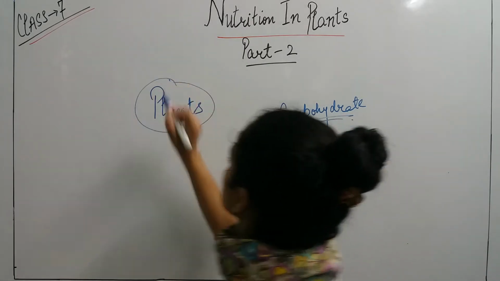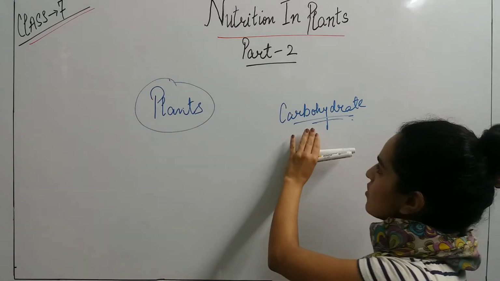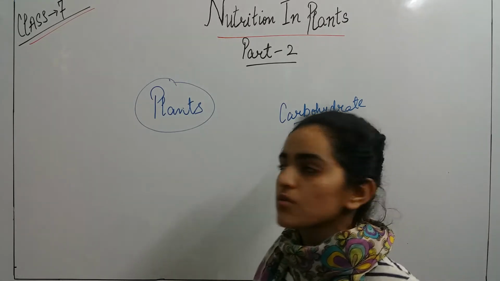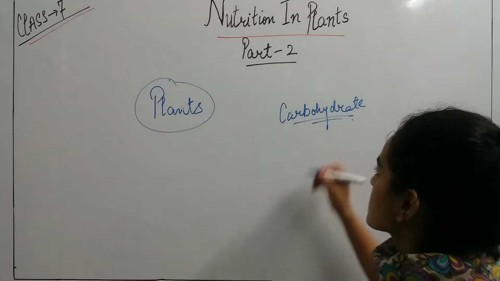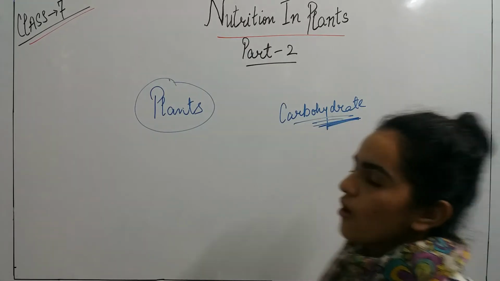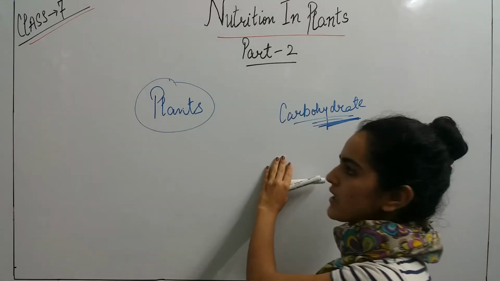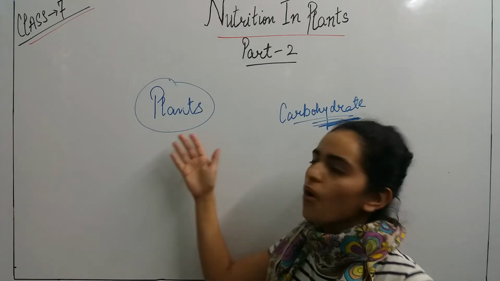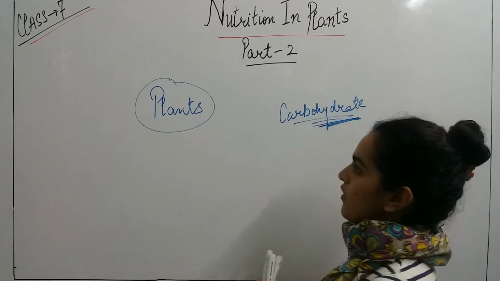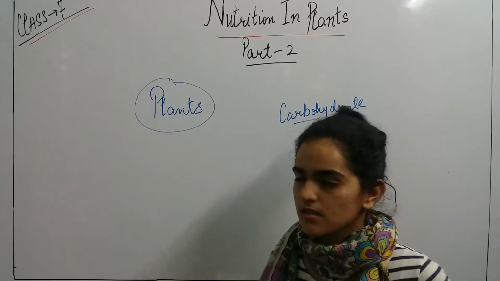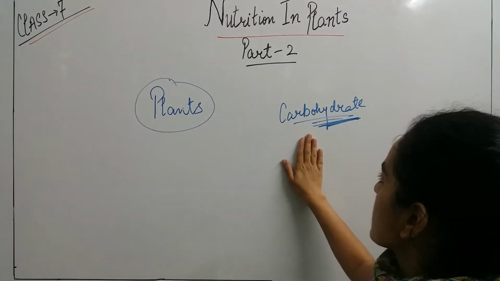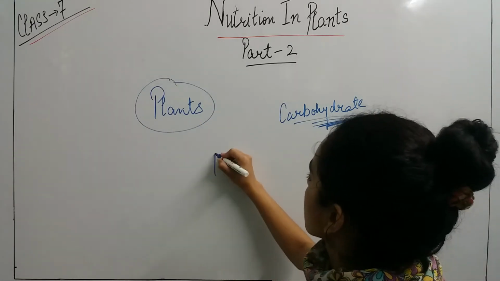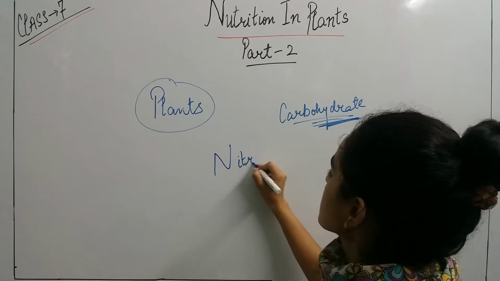But we must know that this is not enough for its nutrition. प्लांट के न्यूट्रिशन के लिए उसको सभी न्यूट्रिएंट्स मिल जाएं, उसके लिए सिर्फ कार्बोहाइड्रेट इज नॉट सफिशिएंट, उसको और भी न्यूट्रिएंट्स चाहिए. Now we will see how it will get other nutrients for its growth, for its maintenance. Okay, so plants not only need carbohydrate, it also needs nitrogen.